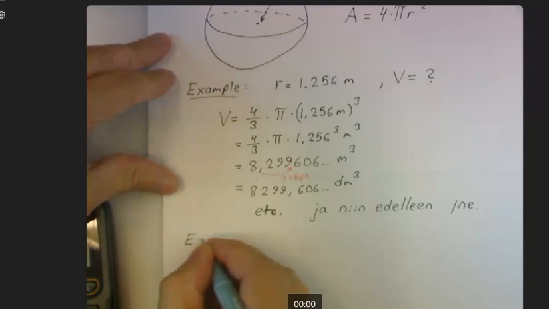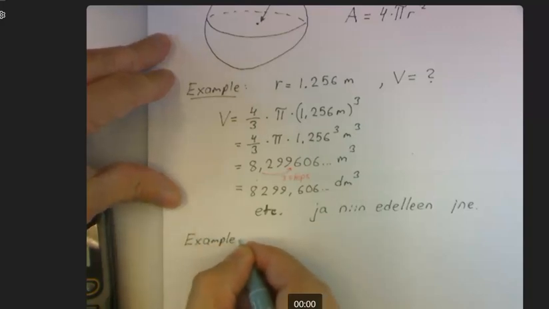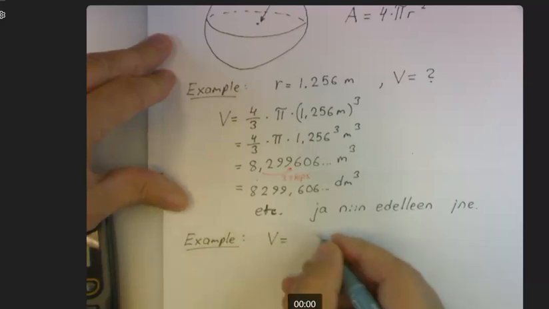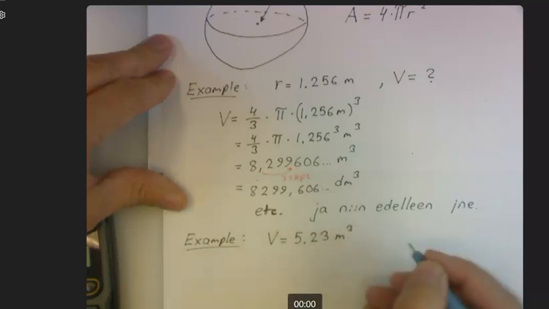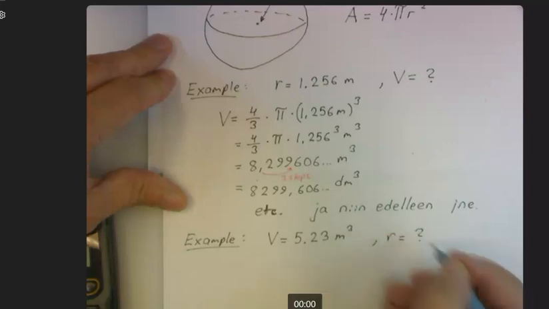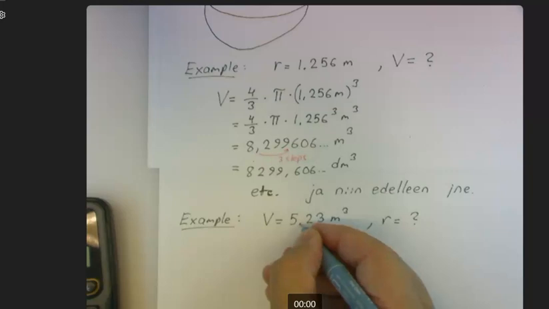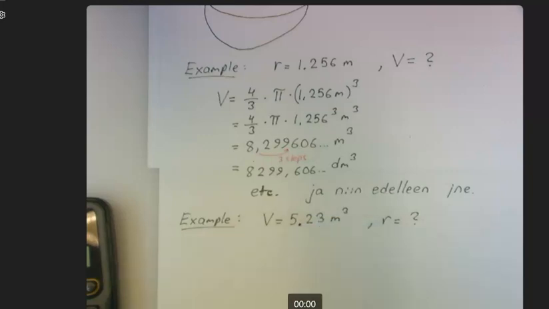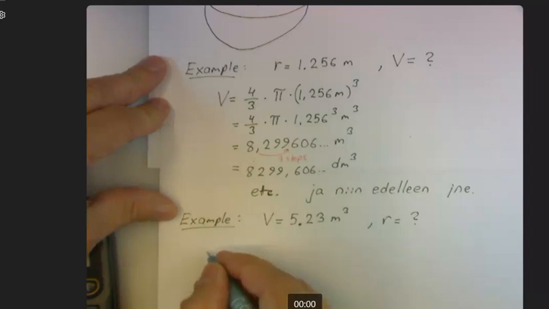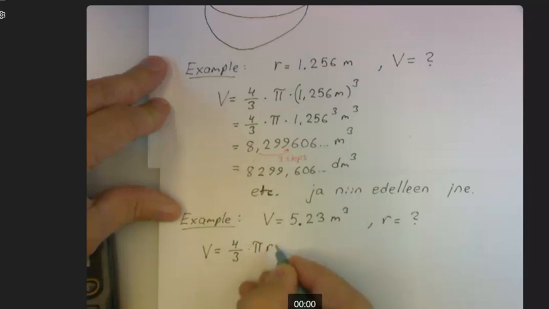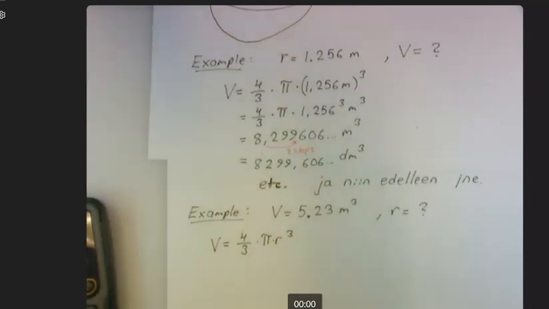But then let's take another example where we know the volume. It is 5.23 and we want to calculate the radius. What do we do first?